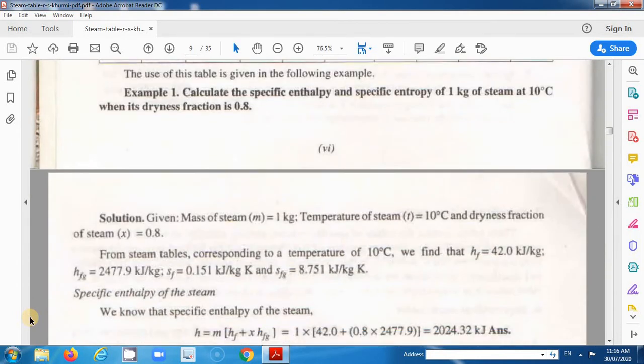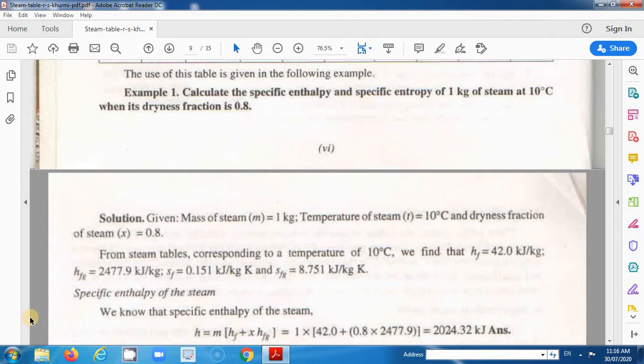Now you see, first the given things. Mass of steam, denoted by small m, is 1 kg. Temperature of steam, small t, is 10 degrees centigrade. And dryness fraction of steam, x, is equal to 0.8. Now it is asked to calculate the specific enthalpy and specific entropy.